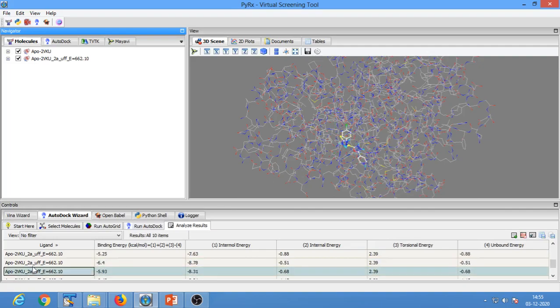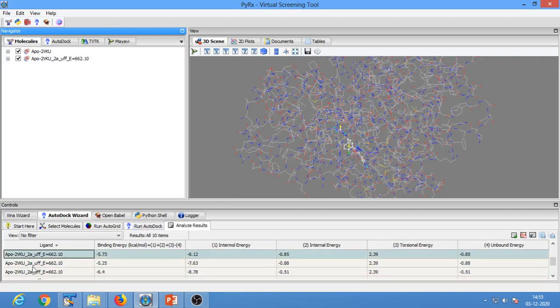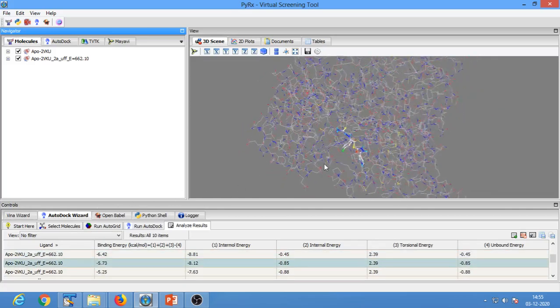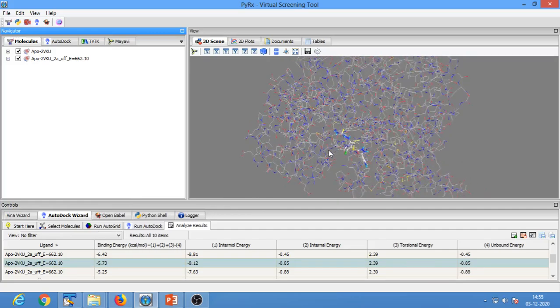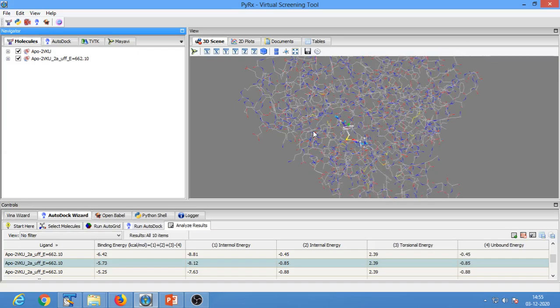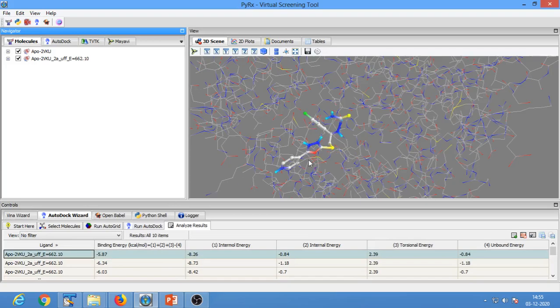Okay, so this is what you would expect to do in molecular docking. Given the protein and given the ligand, how your ligand would orient itself in the active site of that protein. If you want to answer this question, you would proceed for molecular docking. And for each and every pose we have an associated binding free energy.